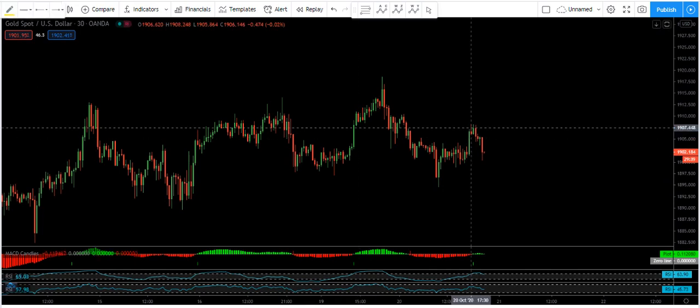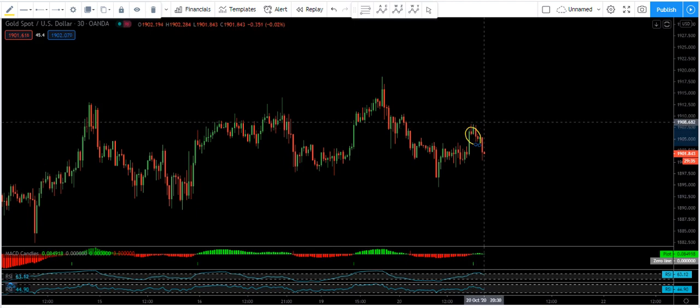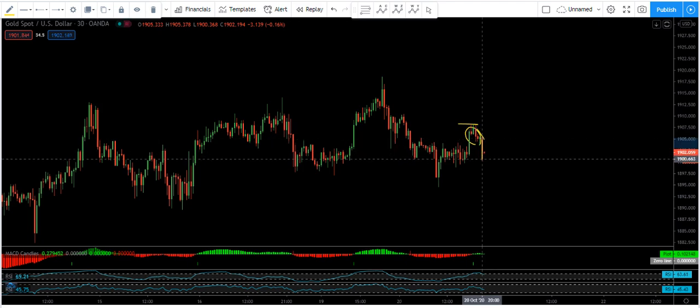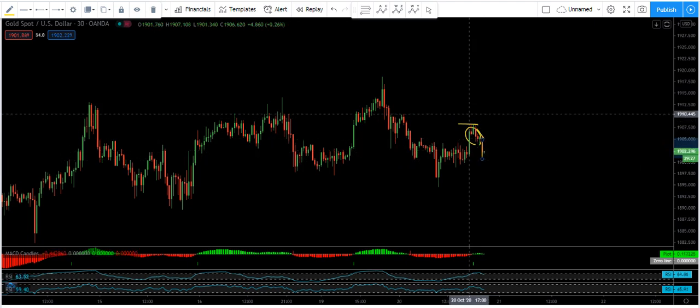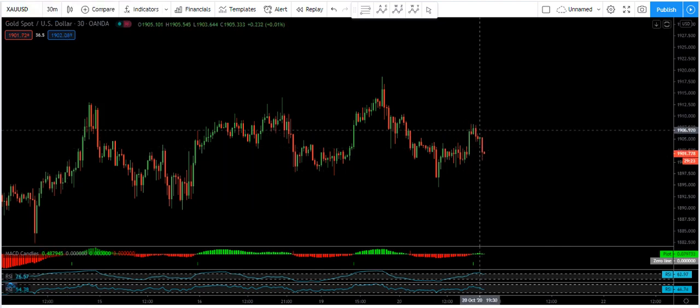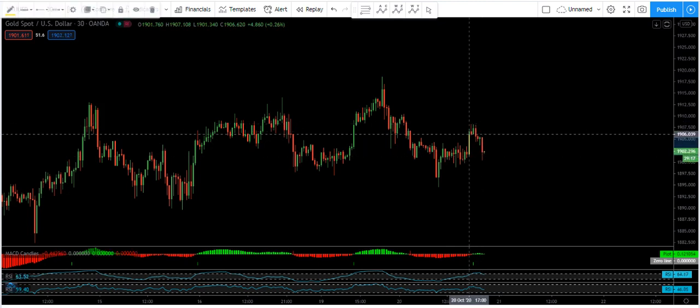Since we have this move, if we didn't have this move, there was a flag, and yes, we could, having entry above this was a good idea. But right now, as we get this, if you refer back to my other videos, we explained and saw what happened. That's why when we get this type of move, we don't trade, as we don't look for the flag or the flat, because of this sharp move.